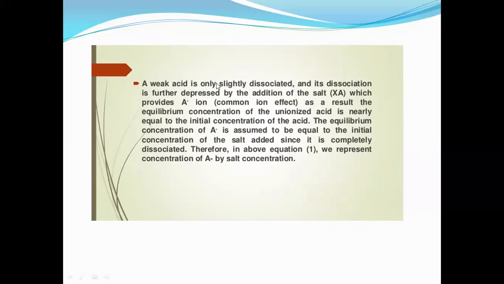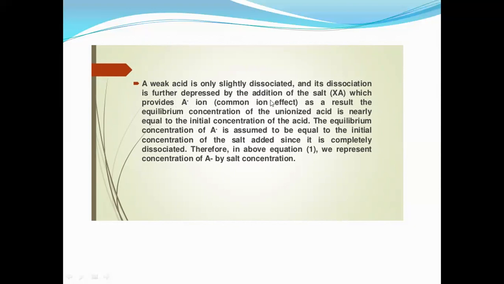A weak acid is only slightly dissociated. You know that well. Weak acids partially dissociate. And its dissociation is further depressed by the addition of the salt XA, which provides A minus ion.